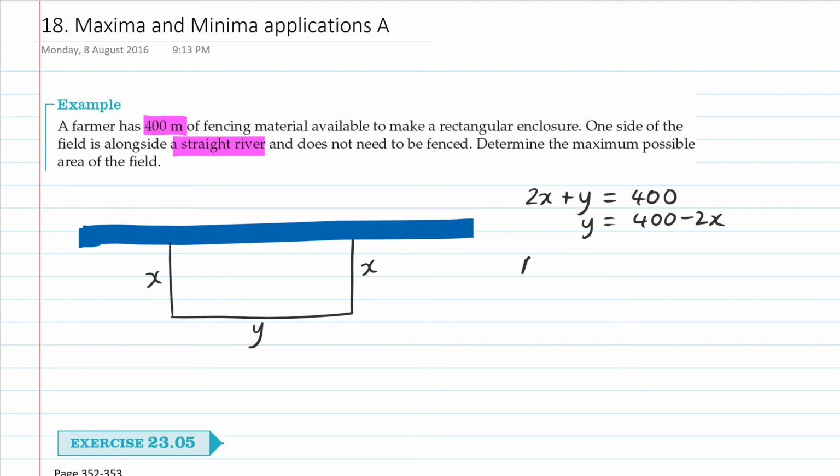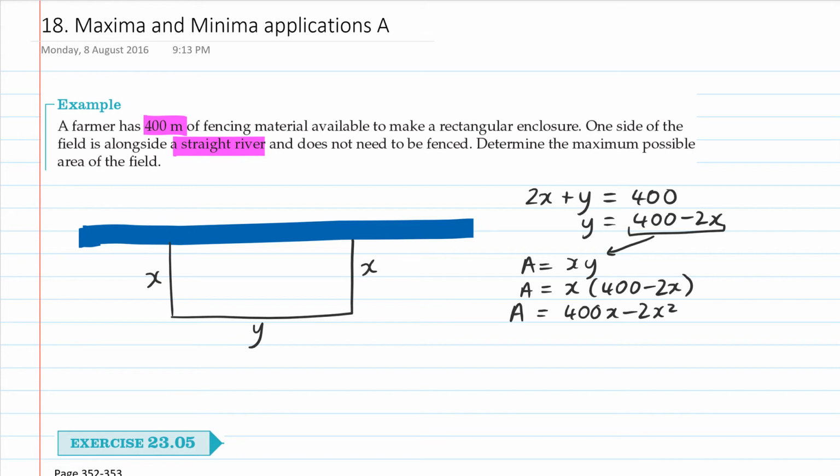The area of this rectangle would be base times height, so it would be xy. So if we get it just in terms of x, it would be x times, and if we substitute this into here for y, we would have 400 minus 2x. So expanding that, we would have 400x minus 2x squared.